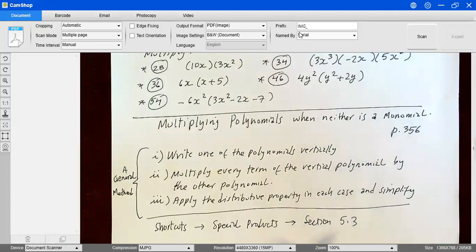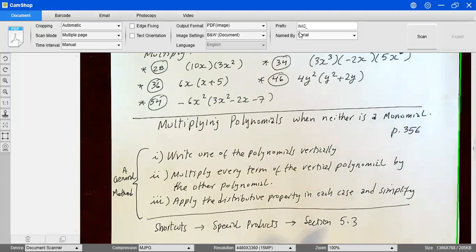So we're going to cover that section in a minute, and with that we're going to finish our lecture today. So I'm going to solve a couple of problems. I'm going to solve 3 problems on how I multiply polynomials when they are not monomials.